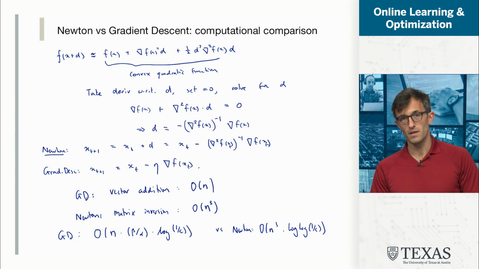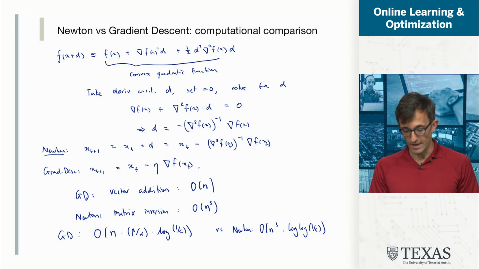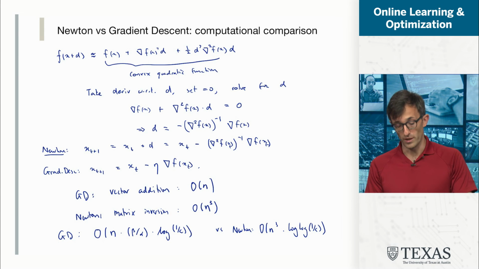You can see that neither one of these functions uniformly dominates the other. If I care about an absolutely tiny epsilon, then even for a big n, the log 1 over epsilon is what wins.